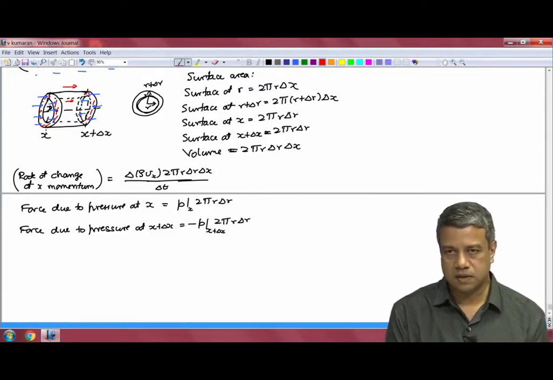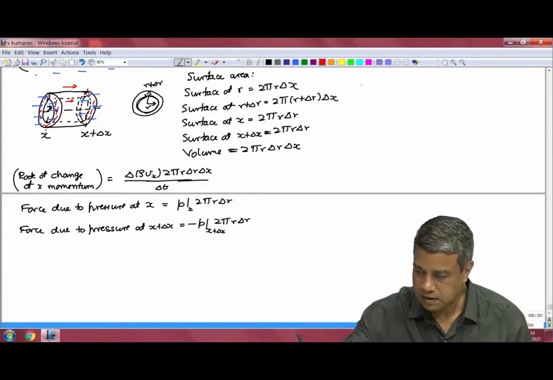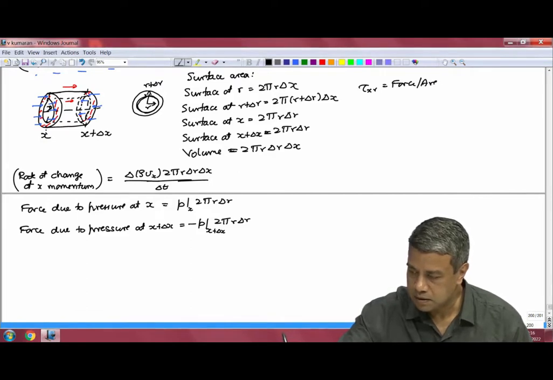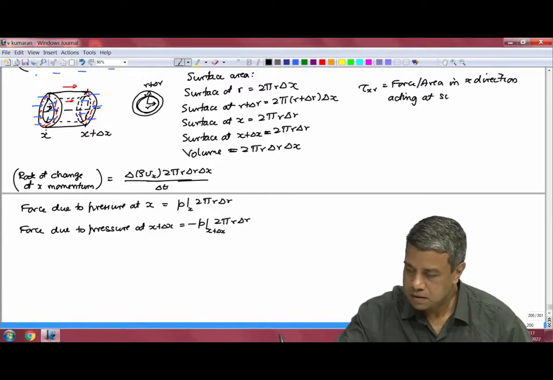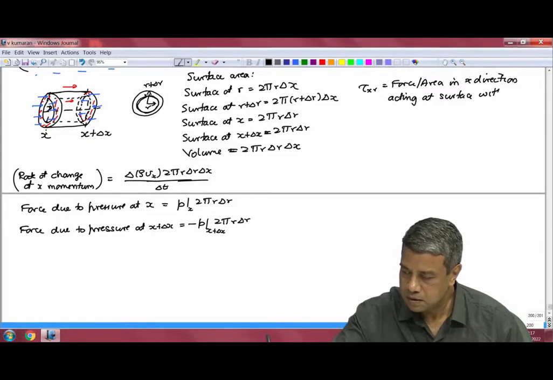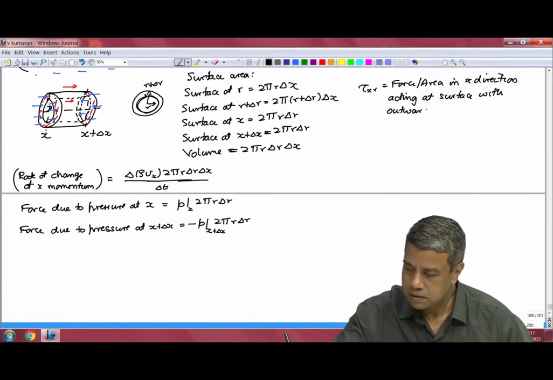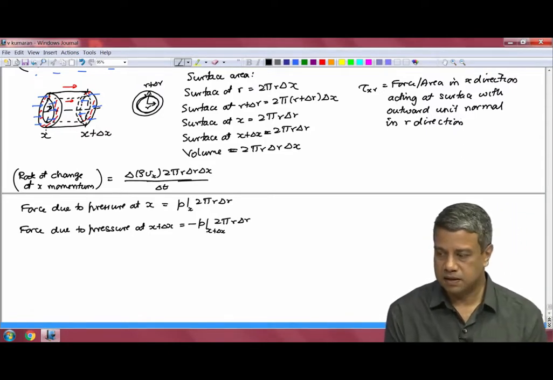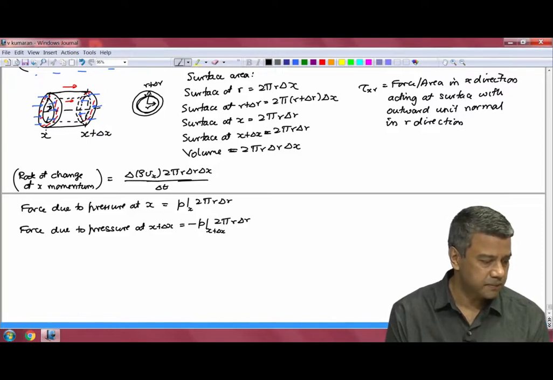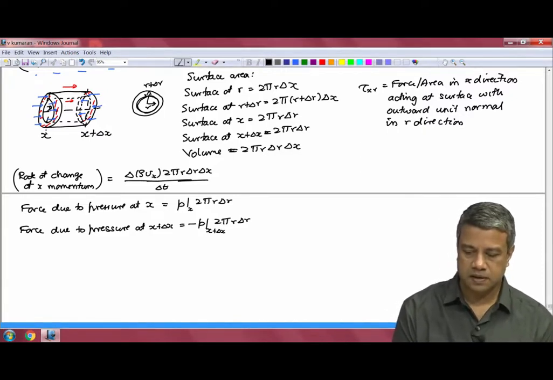Recall the definition: tau x r is the force per unit area in the x direction acting at a surface with outward unit normal in the r direction.